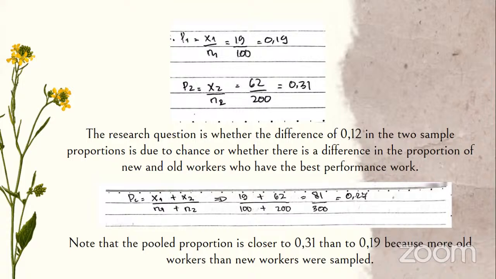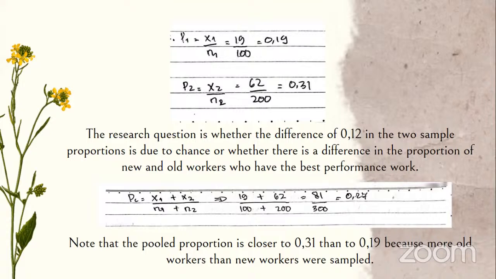P2 is 62 divided by 200, which is 0.31. The research question is whether the difference of 0.12 in the two sample proportions is due to chance, or whether there is a difference in the proportion of new and old workers who have the best work performance.